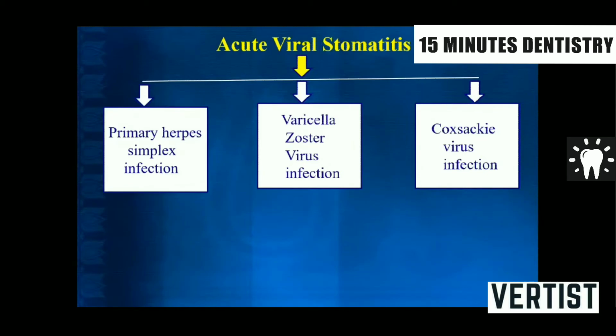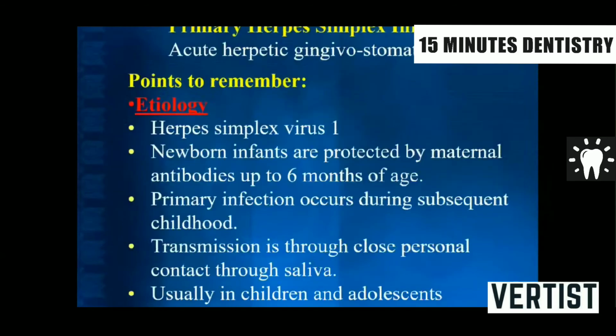That applies to all the lesions. Sometimes you cannot recall, so try to correlate with the name of the lesion. The most common viral lesions which affect the mouth are primary herpes simplex infection, varicella zoster virus infection, and Coxsackie virus infection.